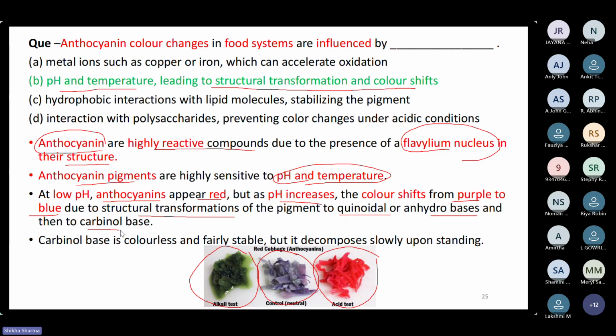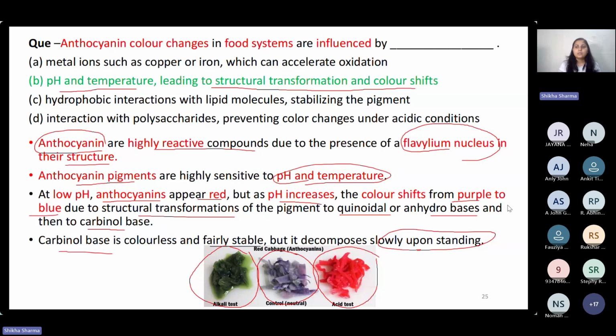The carbinol base is colorless and fairly stable, but it decomposes slowly upon standing. So if we keep it like this, the carbinol base will degrade. This anthocyanin is very sensitive to pH and temperature because its structure is transforming and the color is shifting.